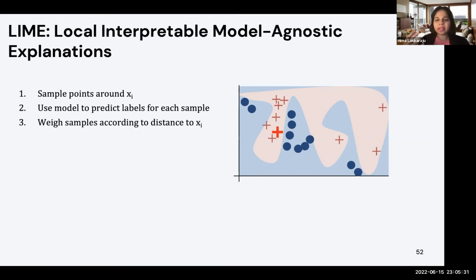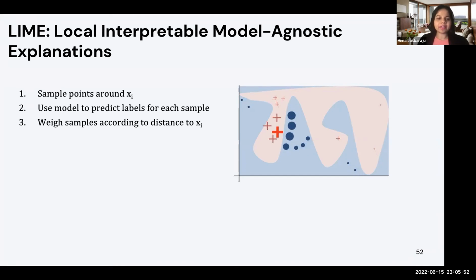Then, some of these sampled points are closer to Xi and some are farther away. So we weigh these samples according to the distance to Xi: points that are closer get higher weightage and points that are farther away get lower weightage, okay?